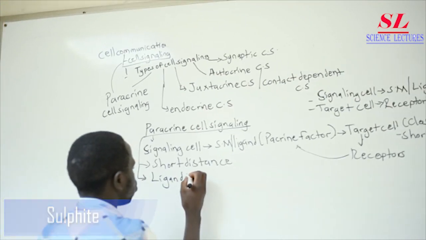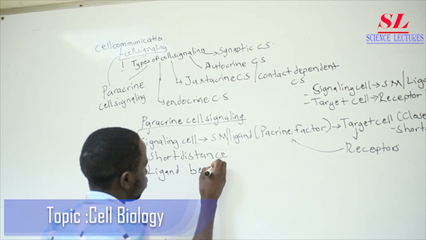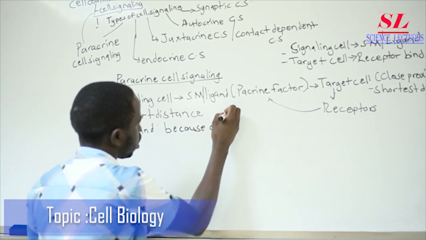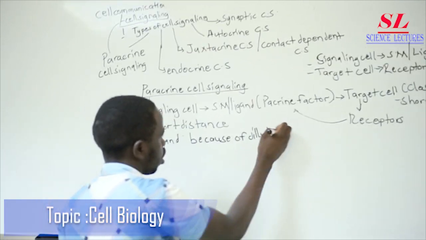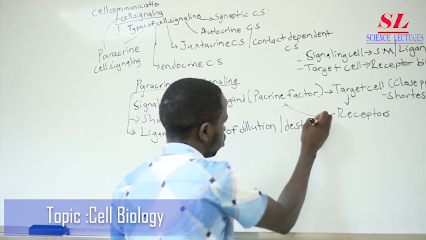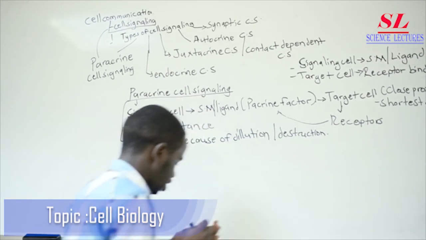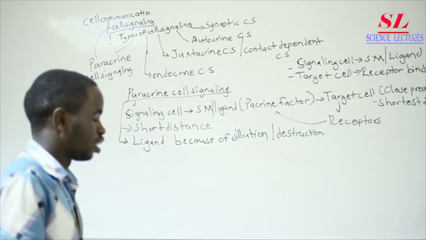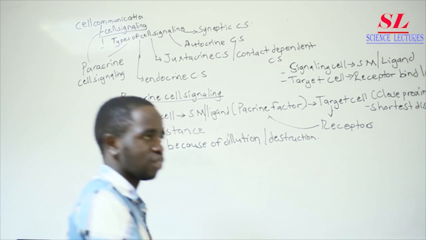In paracrine signaling, these ligands, or paracrine factors, usually travel for a short distance, and that is so because of dilution or destruction. What do I mean? Whenever a paracrine factor is produced, the more distance it travels, the more it becomes diluted.